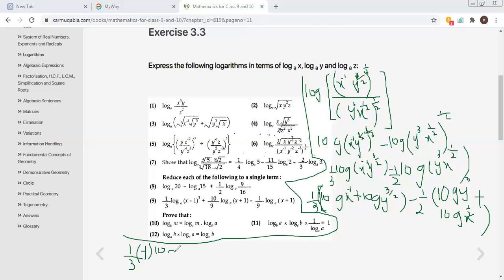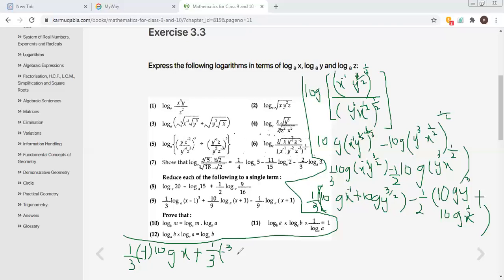We need to make the power 1. When we open the bracket, 1 upon 3 will be multiplied by both terms, and y already has a power, so it will be written like this, 3 upon 2.